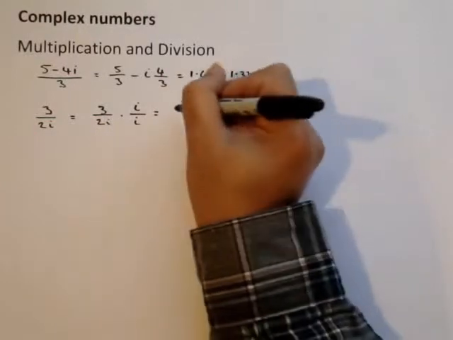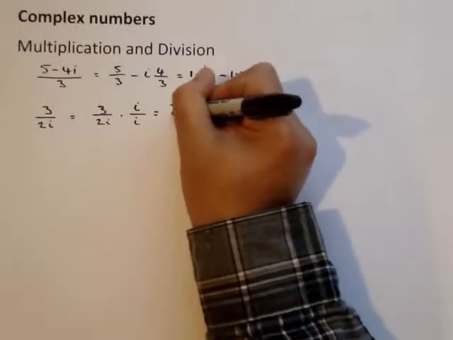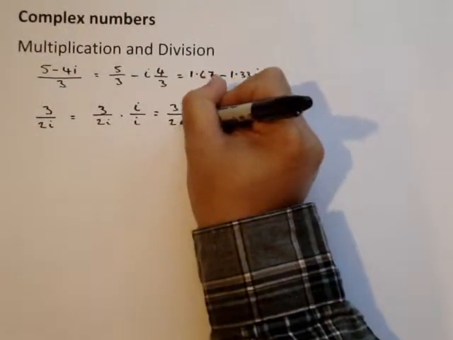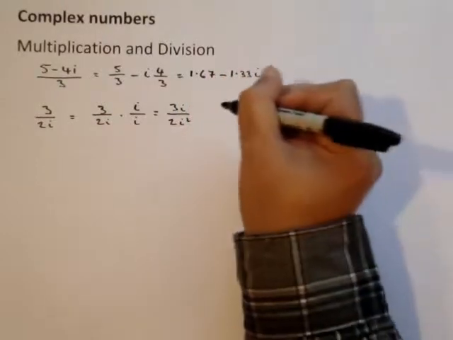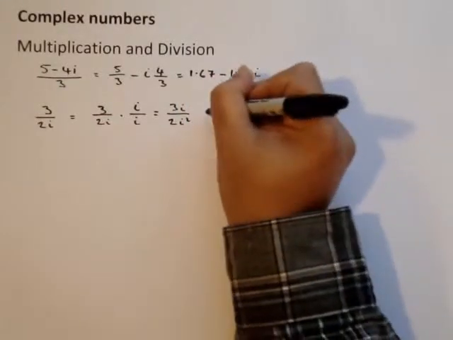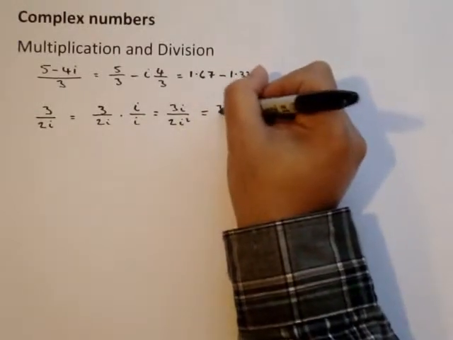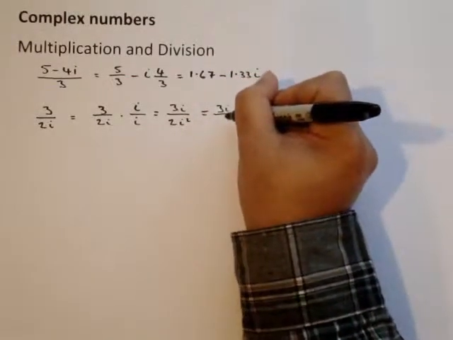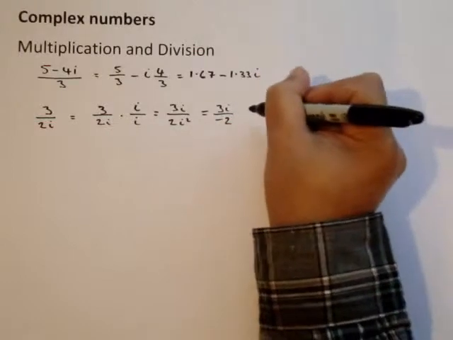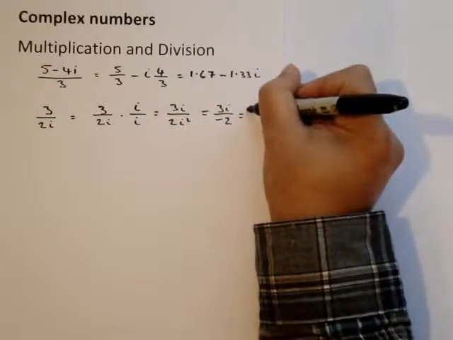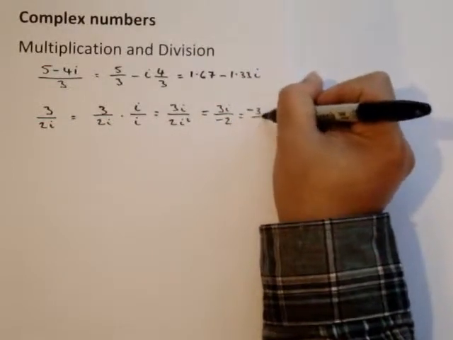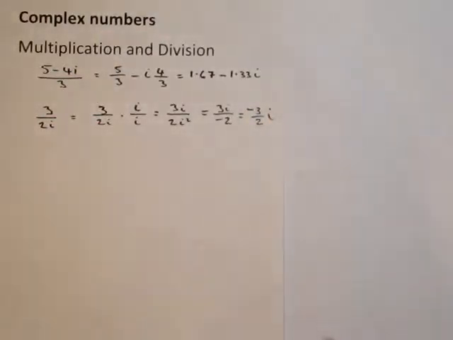This equals 3i over 2i squared, and we said i squared was minus 1, so this is then 3i over minus 2, and that equals minus 3i over 2.